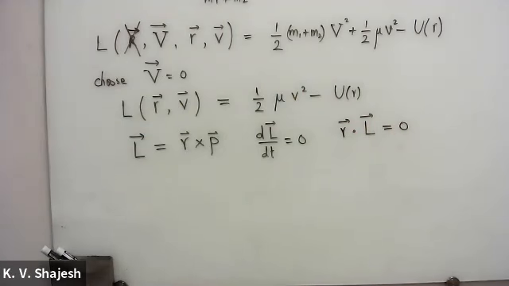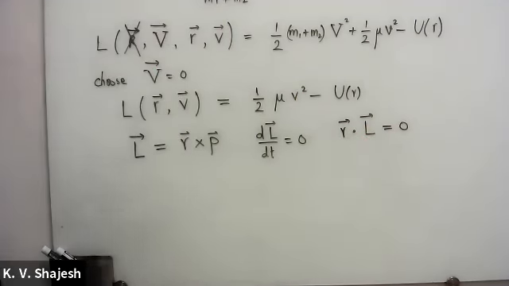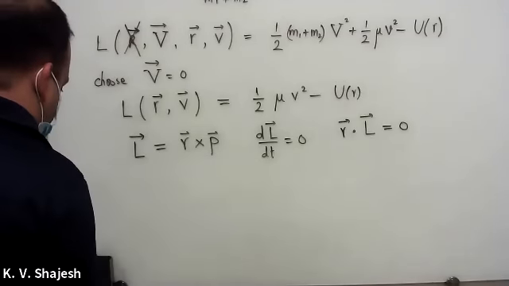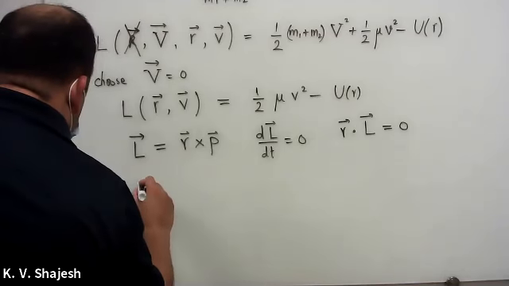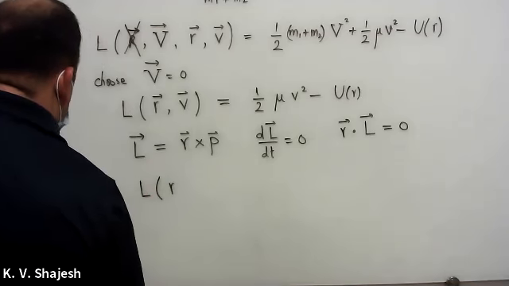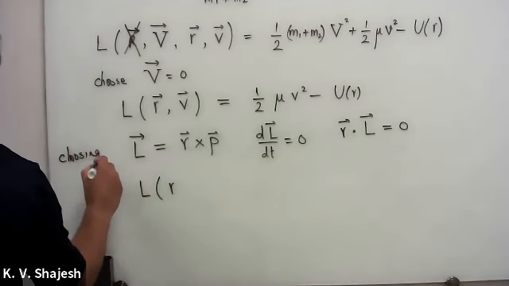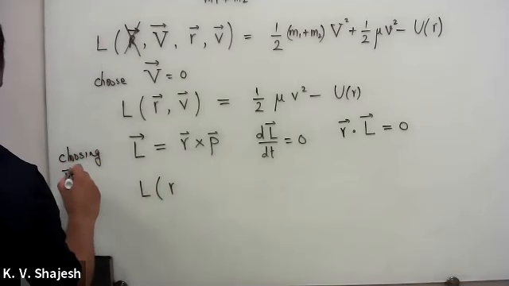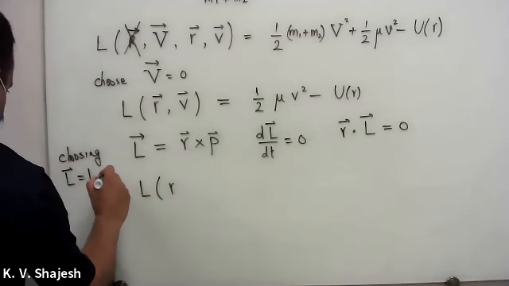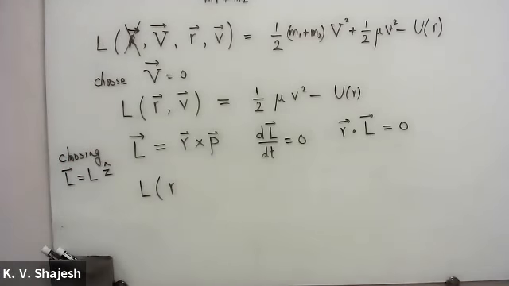So if that is the case, choose L in the z direction, and R will be in the xy plane. So there is only R and phi, the polar coordinates, that come into the picture. So L can be further reduced, choosing L to be in the z direction.